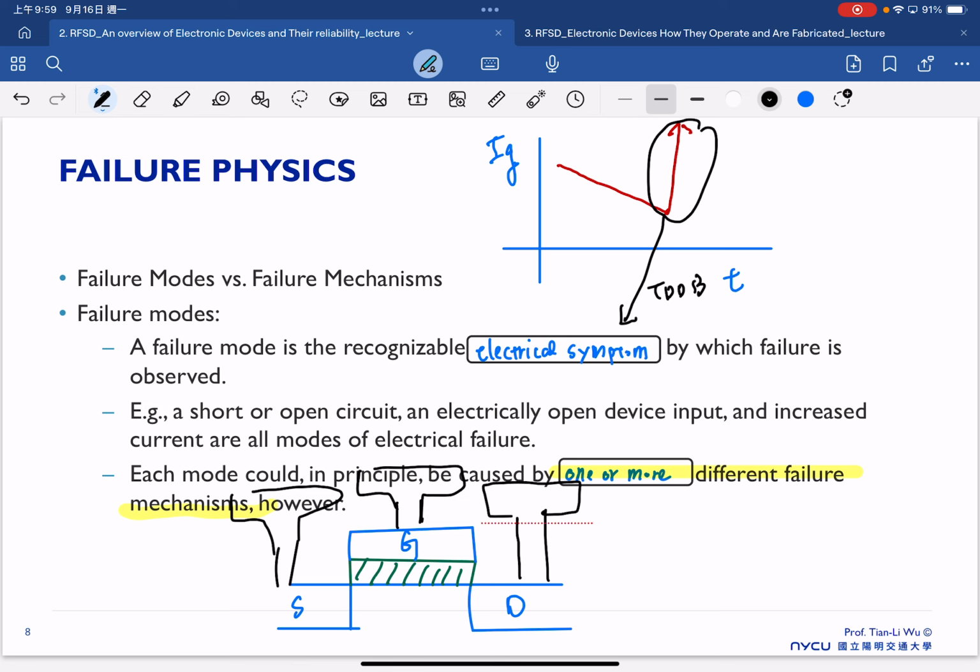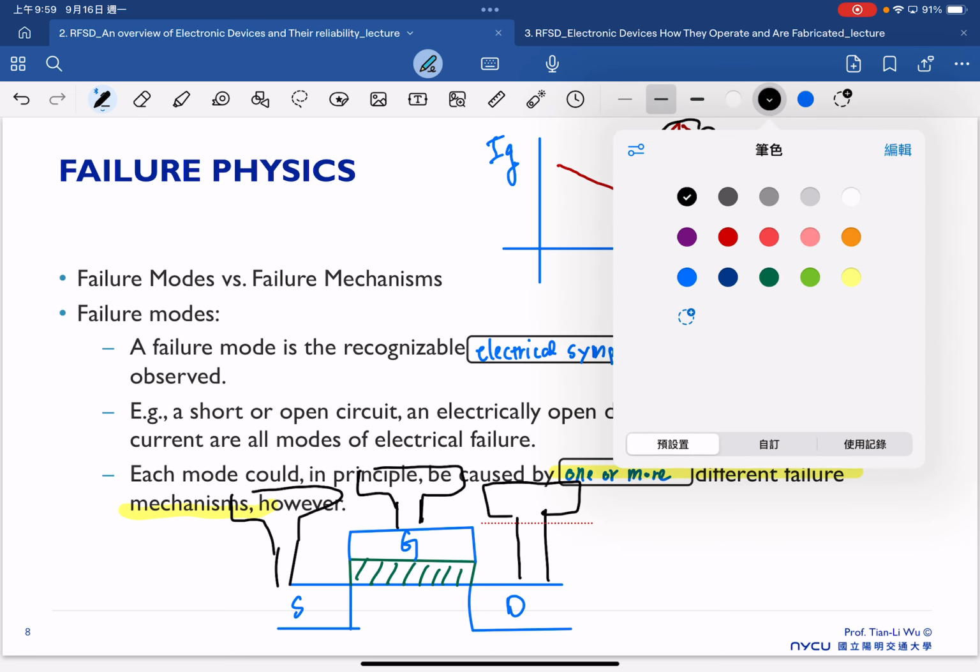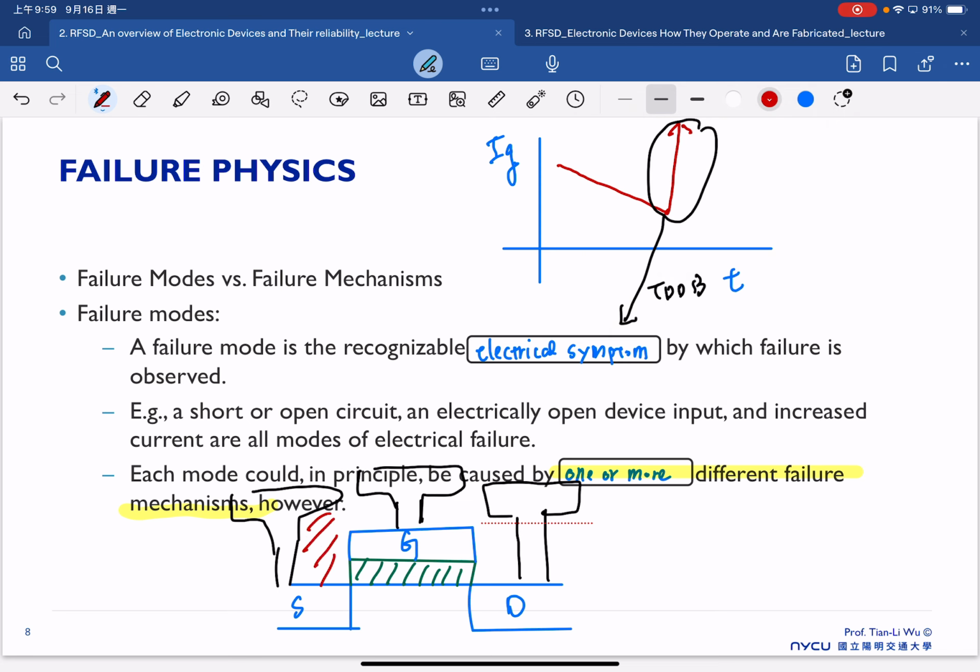To isolate the signal between the interconnection lines, we will have the passivation here, a low-k dielectric, trying to isolate the electrical signal between each interconnection line.